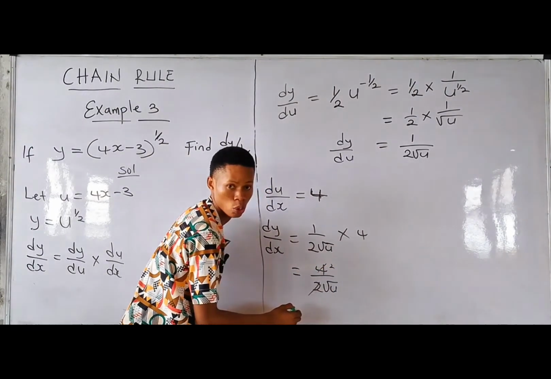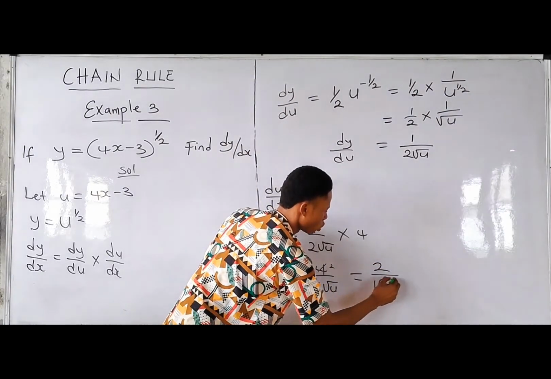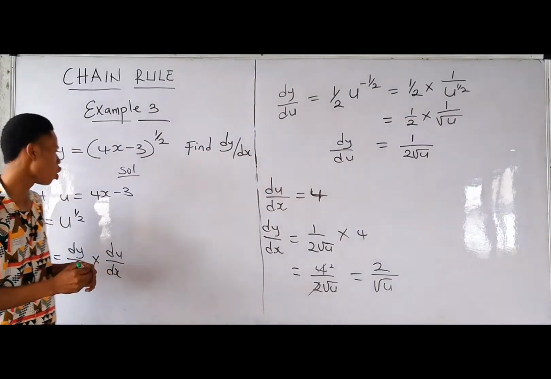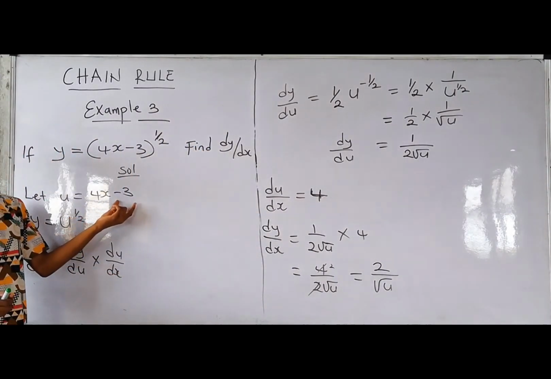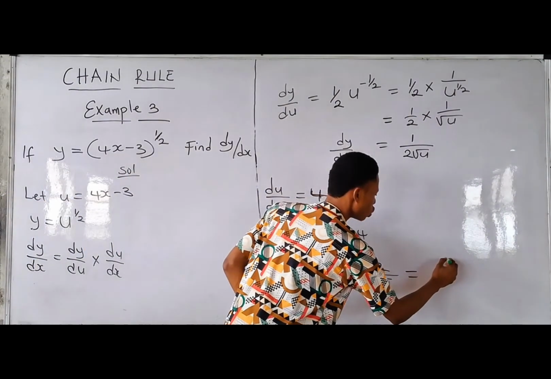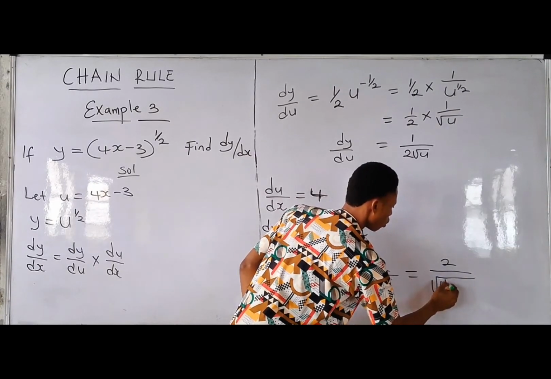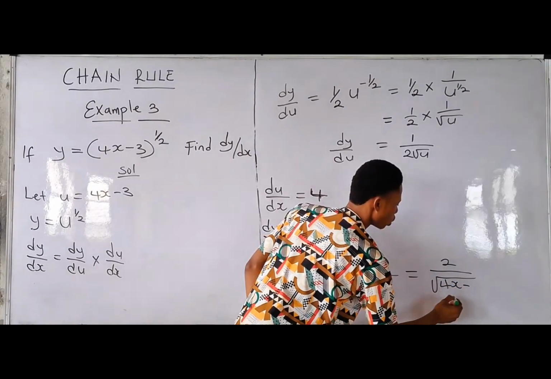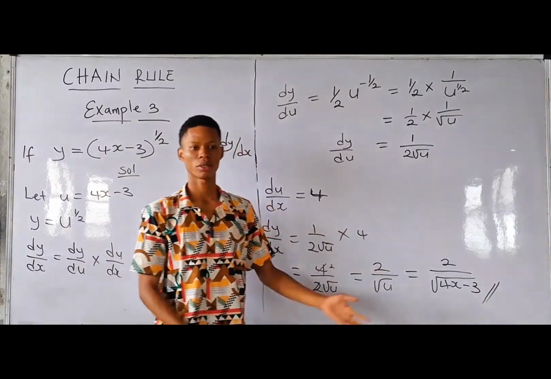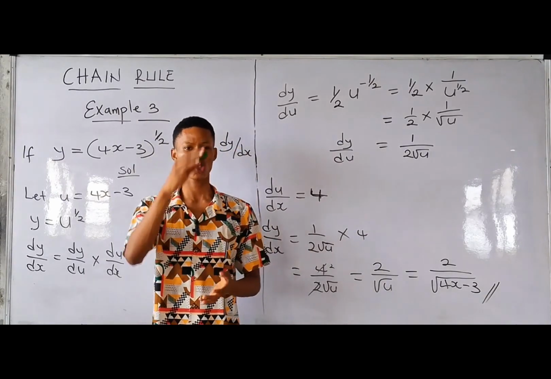So we'll be having 2 over what? Root u. Is it not? But remember that u has the value of 4x minus 3, right? So if we substitute that into this formula, we'll be having 2 over root 4x minus 3. Here's the answer. Chain rule is very simple. Just follow the procedure.